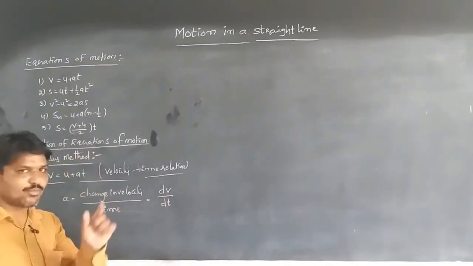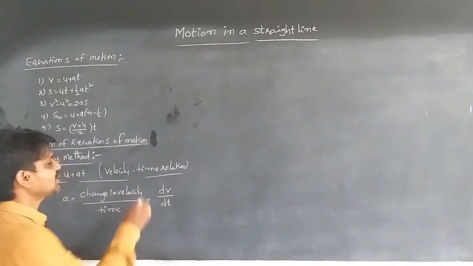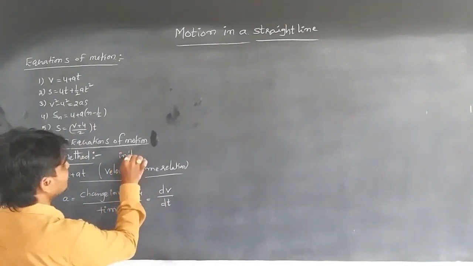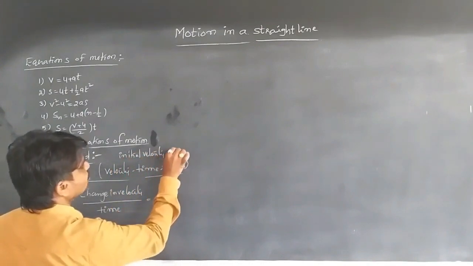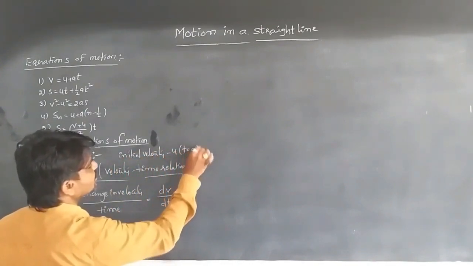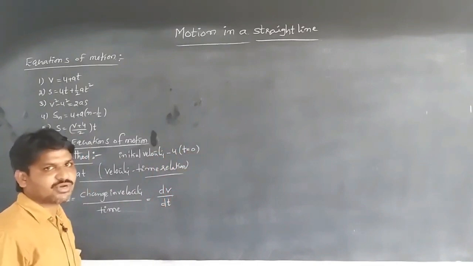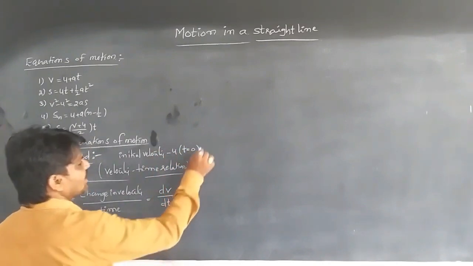When a body is moving with initial velocity u, that is at time t is equal to 0, the body's velocity must be u.